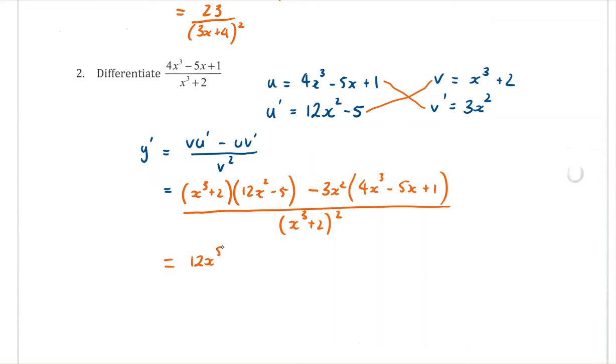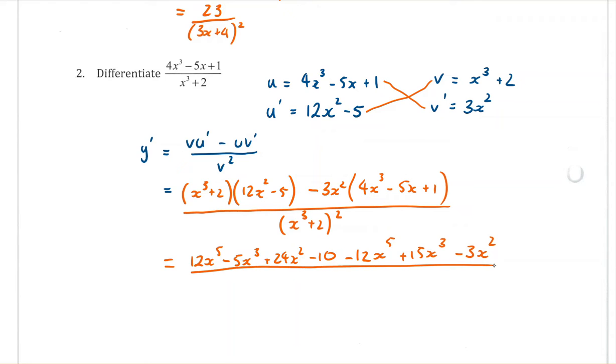Then x cubed times minus 5 is minus 5x cubed. 2 times 12x squared is 24x squared. And 2 times minus 5 is minus 10. Then expanding the minus 3x squared into that second bracket will make minus 12x to the power of 5. Minus times minus makes plus 15x cubed and minus 3x squared all over.